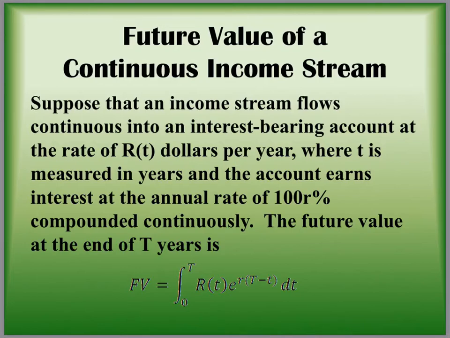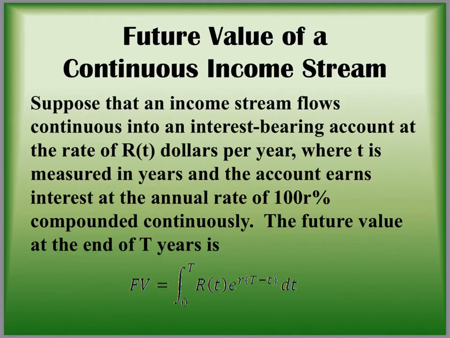So this is future value. You'll notice that notation you've seen before, right? 0 to some number. We don't know what that number is, but we're going to use the assumption later on that it's our retirement years that we've spent saving for retirement. R of t is how the money is going into the account. We're going to play with this a little bit. The interest rate, the little r right here, is our interest rate for our account.